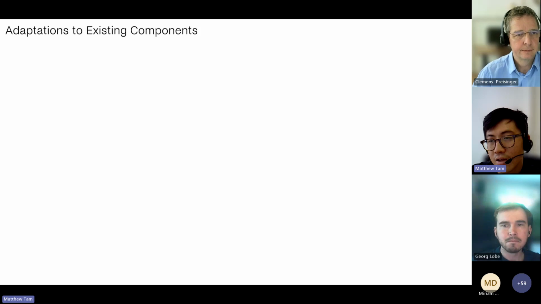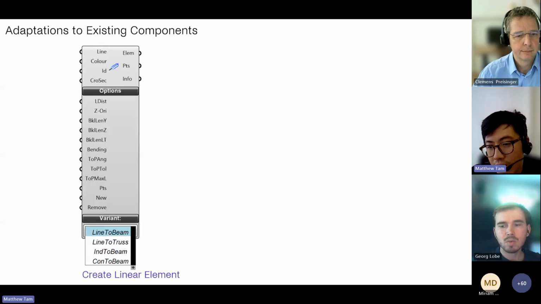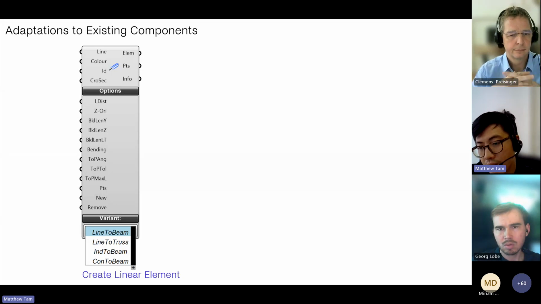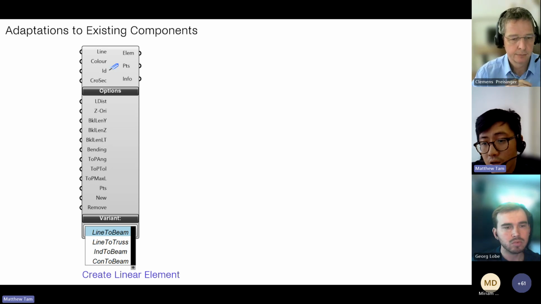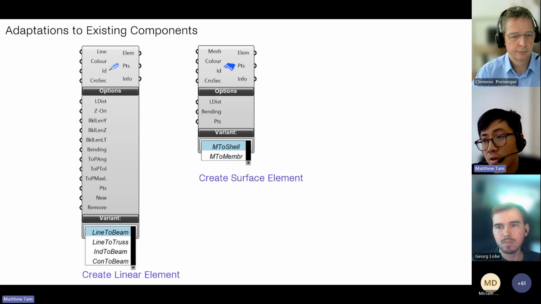There have been some slight adaptations to the existing components, namely this new one called Create Linear Element. So the Line to Beam, Index to Beam and Connectivity to Beam have been consolidated into one component. With the Line to Truss drop-down menu, you can directly make a truss element as well.